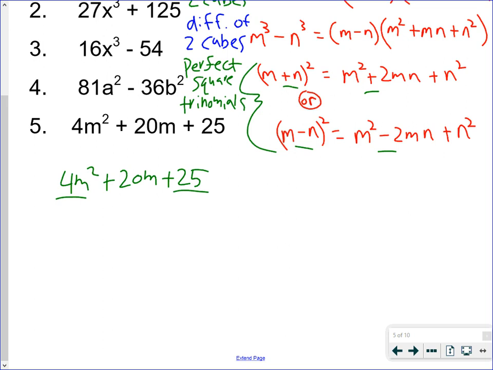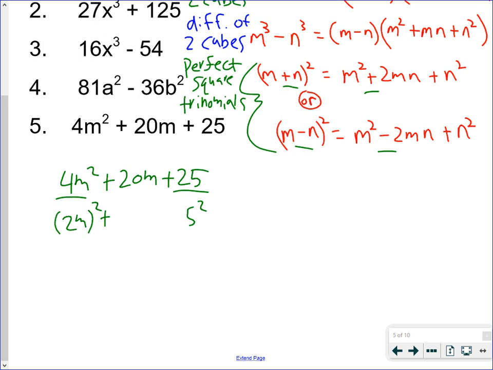It's much easier to check if those are both squares of another number than it is to check the middle term, right? The middle term takes a little bit more work, but with a quick glance, we can see that 4m squared is the same as 2m squared, and 25 is the same as 5 squared. They're both squares of another number, so from there, I can check the middle term, and I won't feel like I wasted a lot of my time.